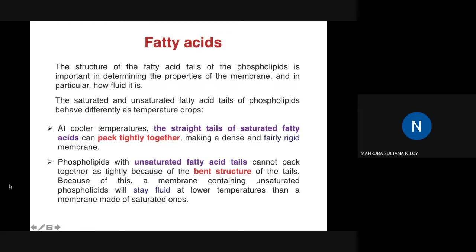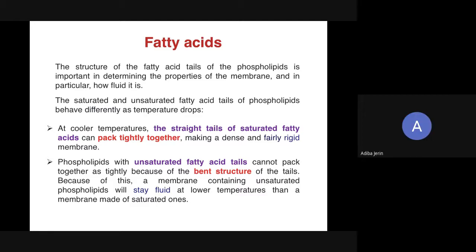Okay. So if the temperature is cool, then saturated fatty acids pack together very tightly, okay, and make the cell membrane dense and rigid, okay. So rigid means they're tight, okay. Is it clear?